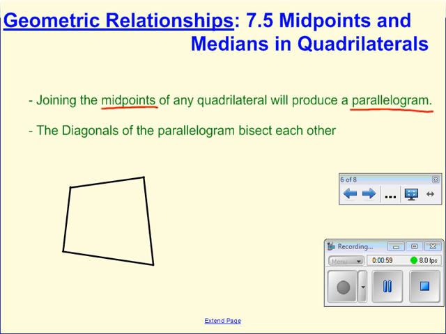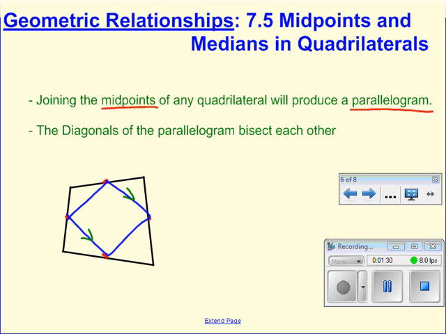So if I take the midpoint of my quadrilateral here, so this point, and this point, and this point here, and I connect it up, so if I connect here to here, here to here, here to here, here to here, I'm going to get these two lines here.